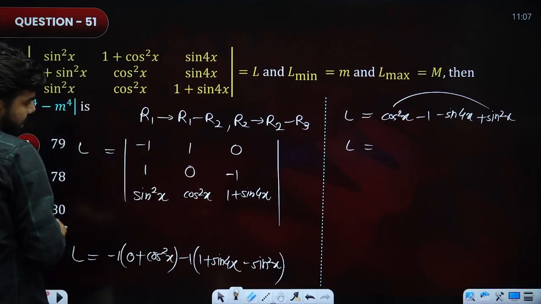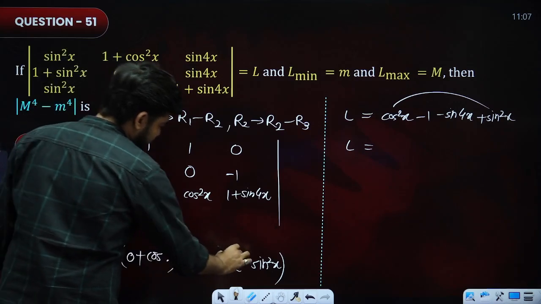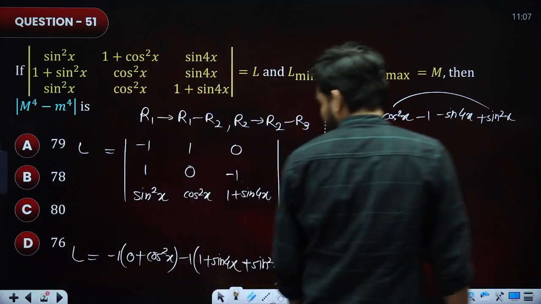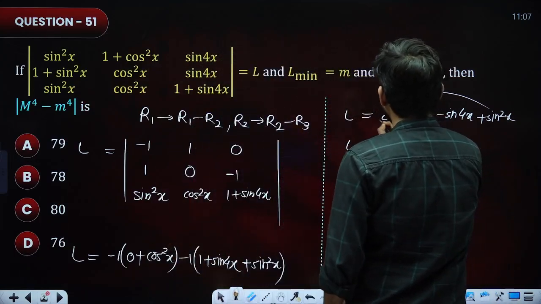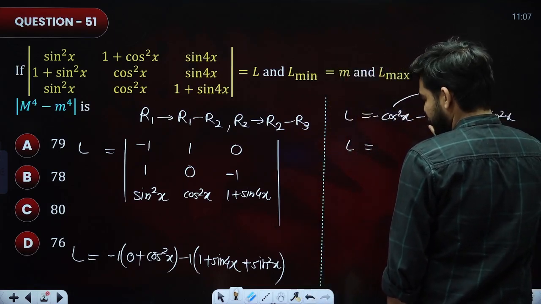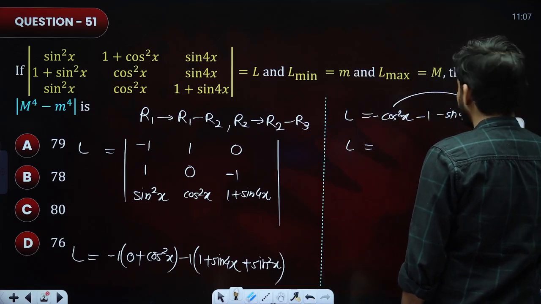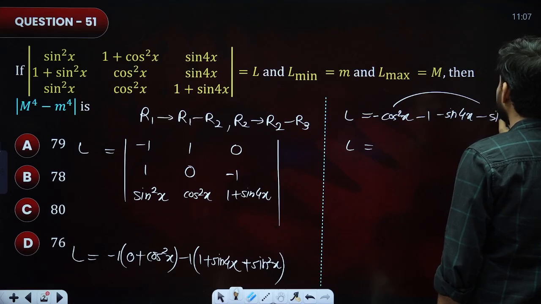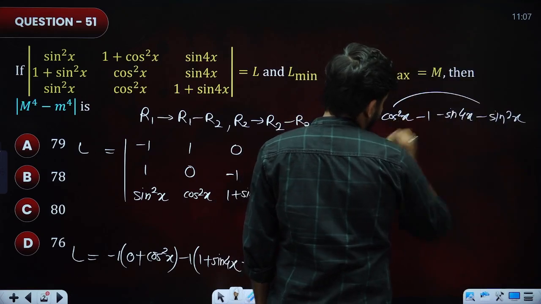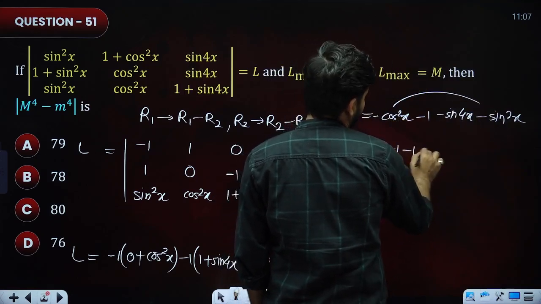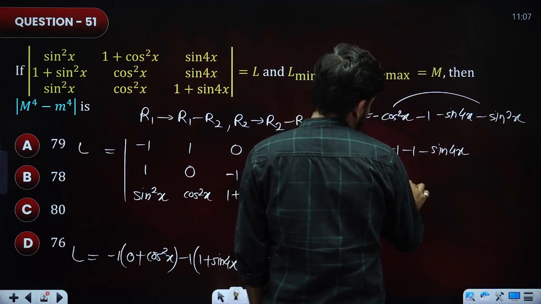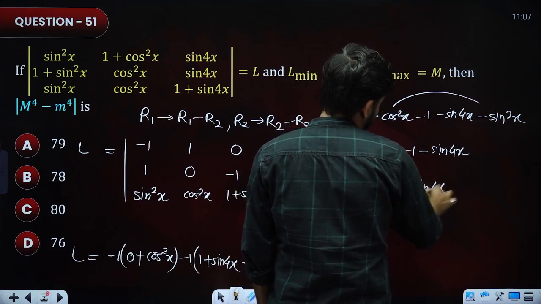And for minus 1, this is plus sin square x. Because we have the negative sign, this cos square x becomes negative, minus 1 minus sin 4x and minus sin square x. So that's how we can take minus cos square x and minus sin square x equal to minus 1, sin 4x. Therefore we can write minus 2 minus sin 4x.